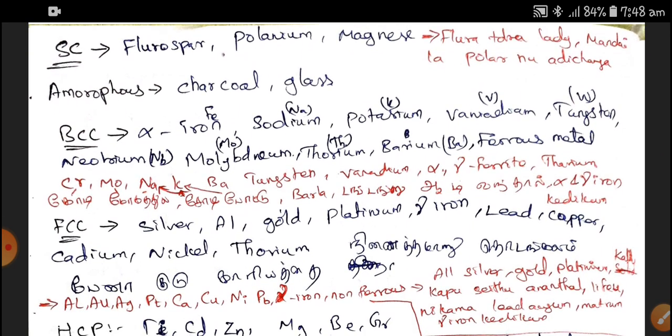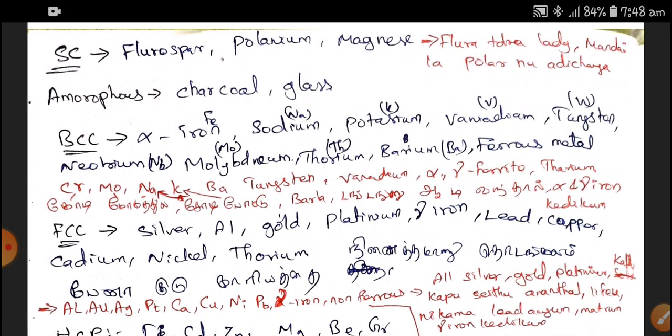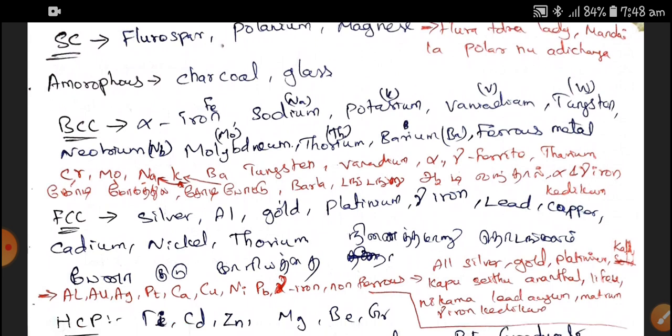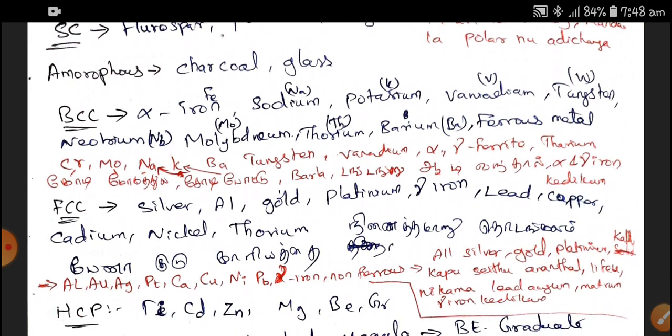In the simple cubic structure, fluorspar, polonium, and manganese are in the form of SC structures, and amorphous charcoal and glass are in the amorphous structure. For BCC, alpha iron, sodium, potassium, vanadium, tungsten, niobium, molybdenum, thorium, barium, and ferrous materials are in the form of BCC structure.